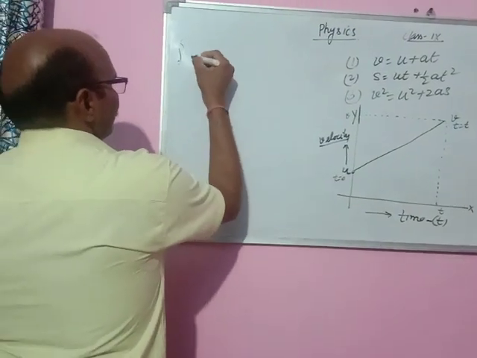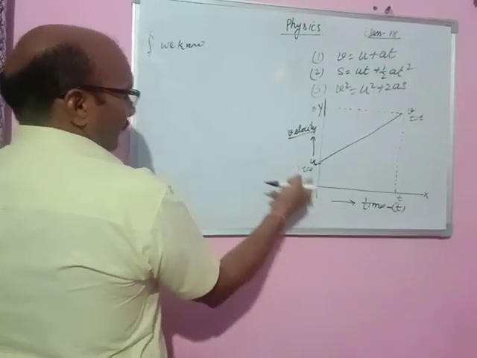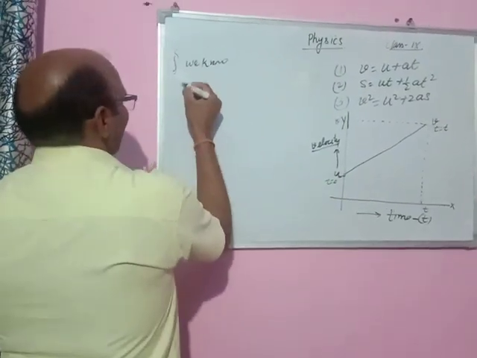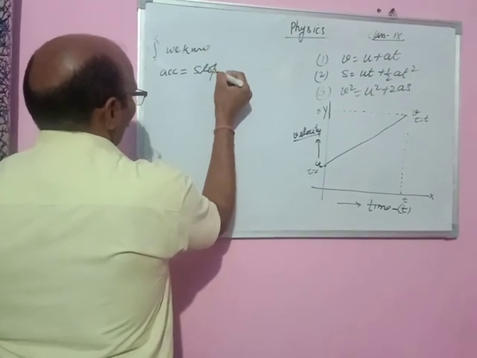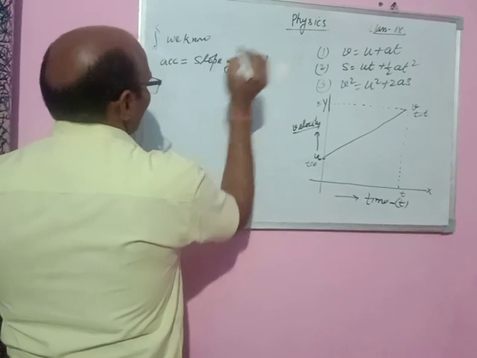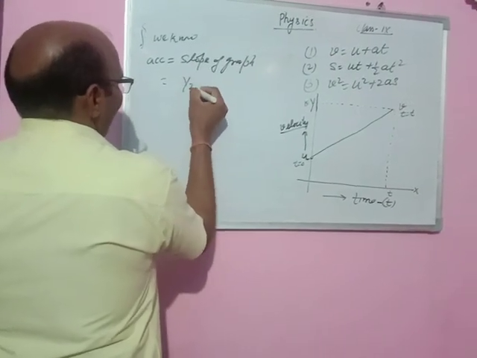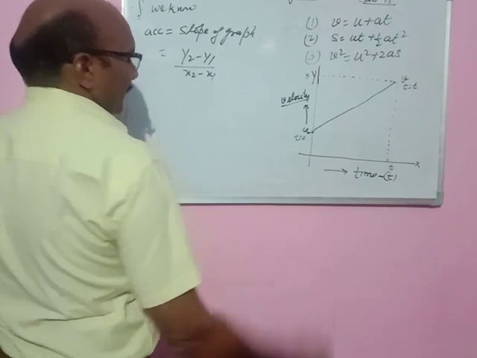We know that for a velocity-time graph, acceleration is always equal to the slope of the graph. Slope means y2 minus y1 upon x2 minus x1.